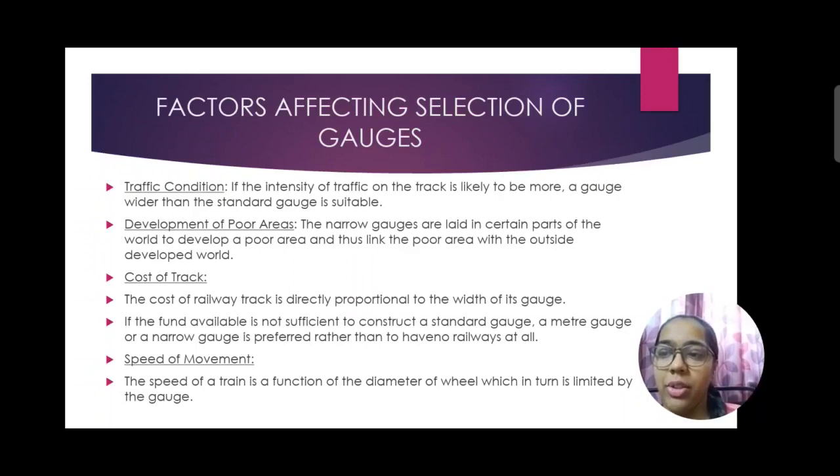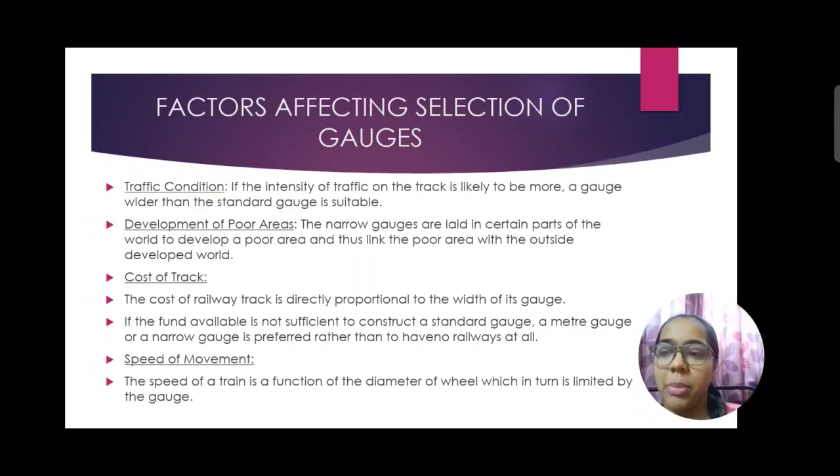Third, cost of track. The cost of railway track is directly proportional to the width of its gauge. If the fund available is not sufficient to construct a standard gauge, a meter gauge or a narrow gauge is preferred rather than to have no railways at all.